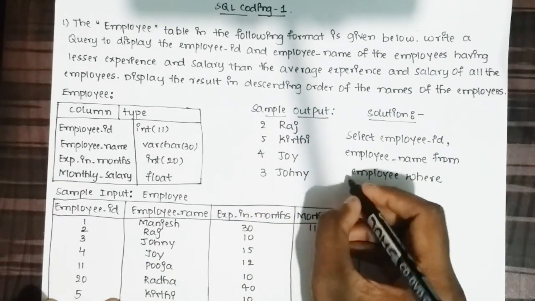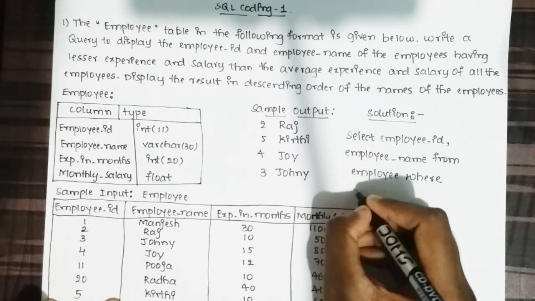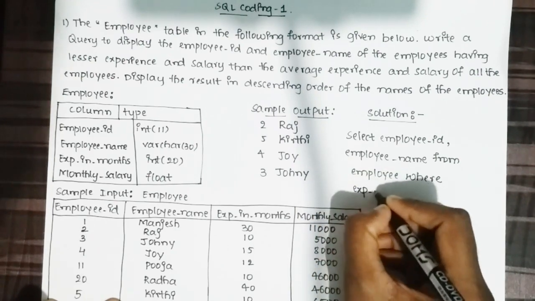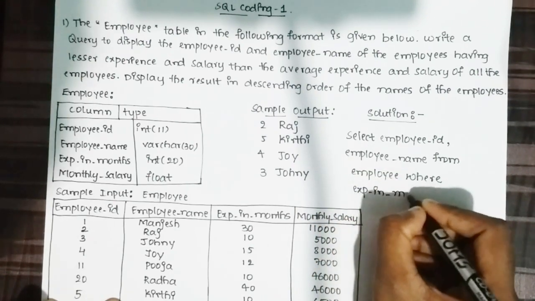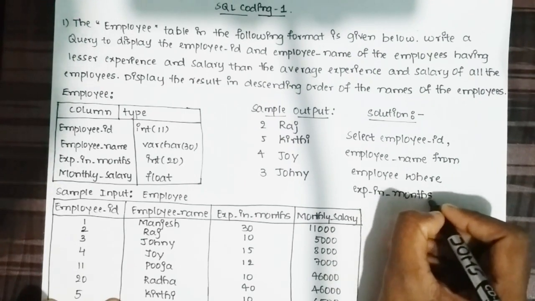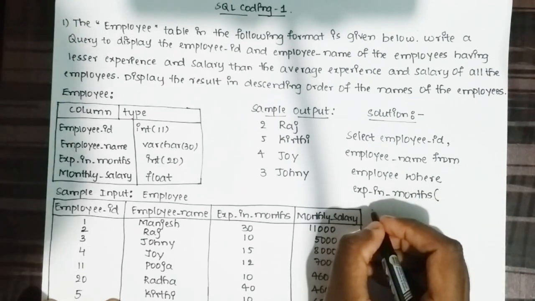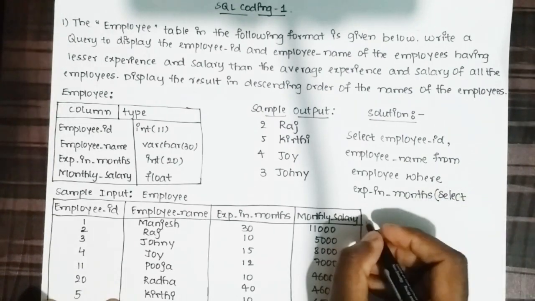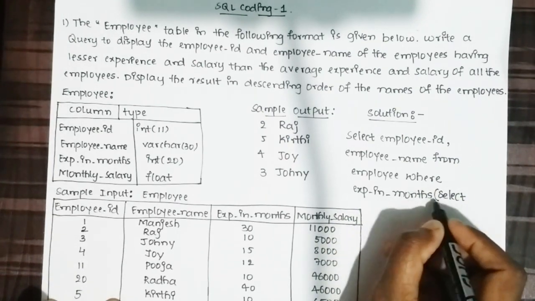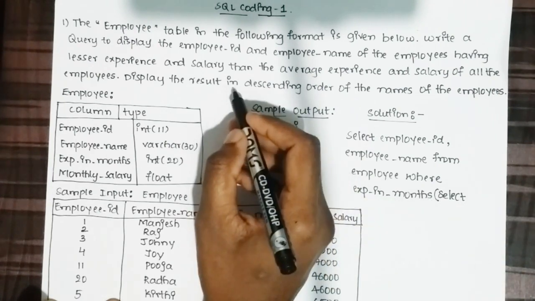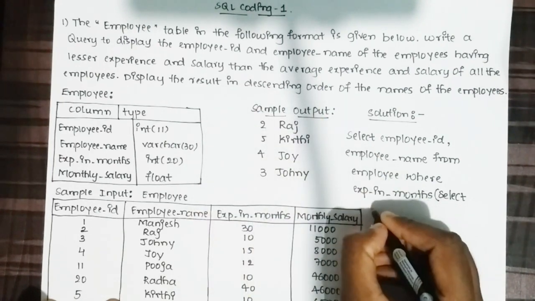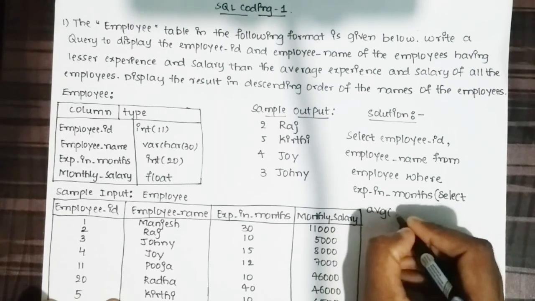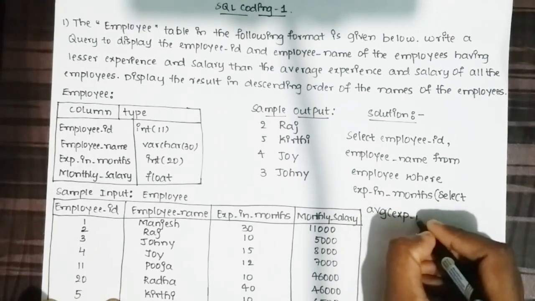So where we need experience in months, and after that within that you are going to include one more select statement. In order to calculate the average experience in months, within the bracket include select, so you are going to select the average experience in months.